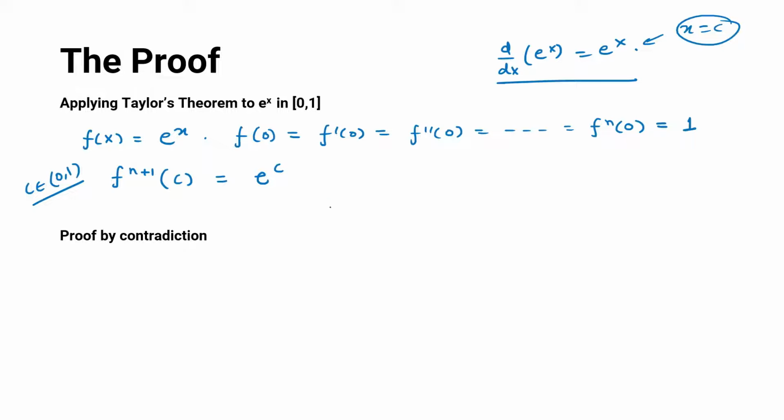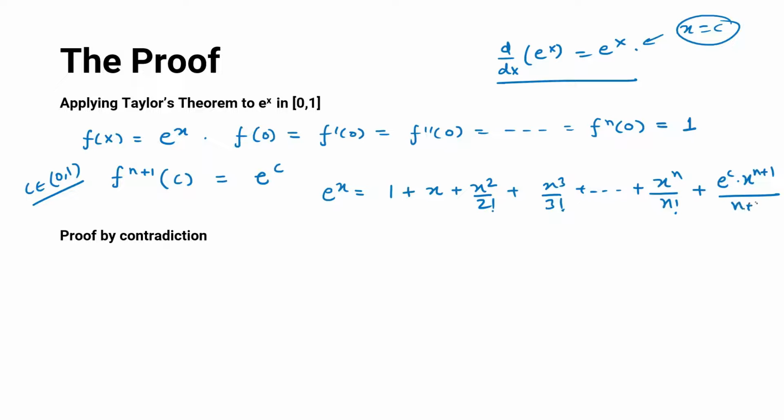So what does our nth degree Taylor series of e to the power of x look like? It becomes 1 plus x plus x square by 2 factorial plus x cube by 3 factorial plus dot dot dot till x to the power of n by n factorial plus e to the power of c x to the power of n plus 1 divided by n plus 1 factorial.